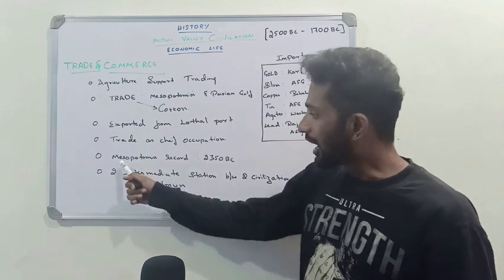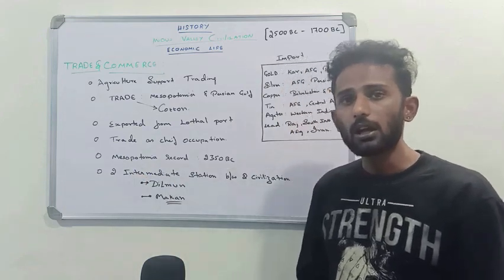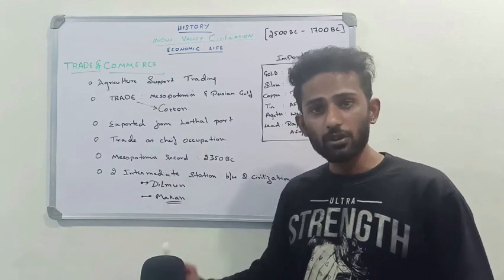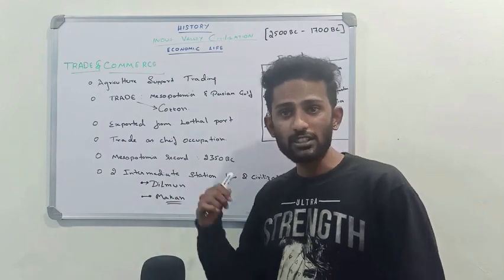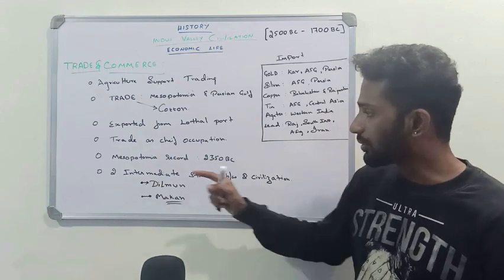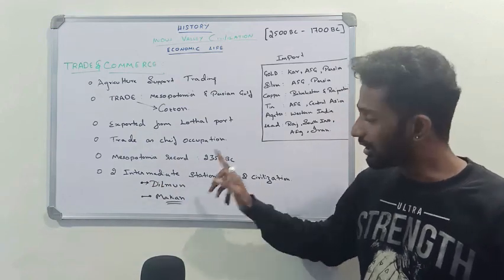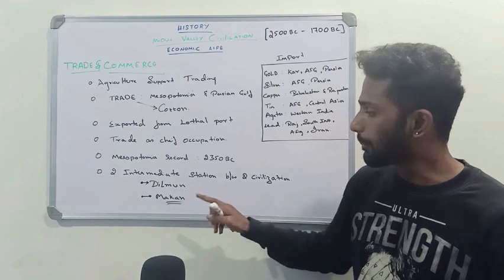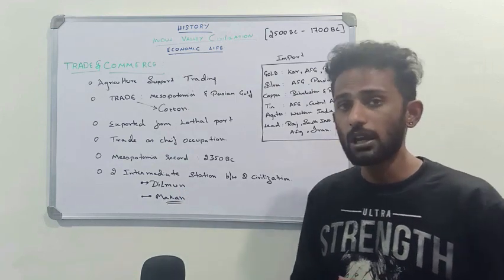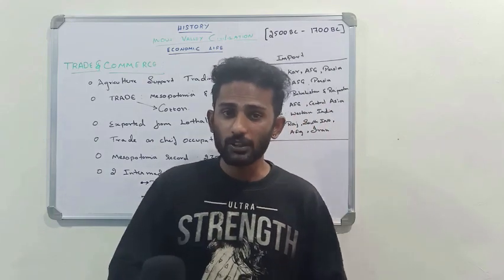And then we have records found in Mesopotamia in and around 2350 BC that they had a good trading relationship with the Indus Valley civilization. And between the two civilizations there were intermediate stations called Dilmun and Makkan. These places were the main intermediate stations during those periods. These are the exports of the Indus Valley civilization.